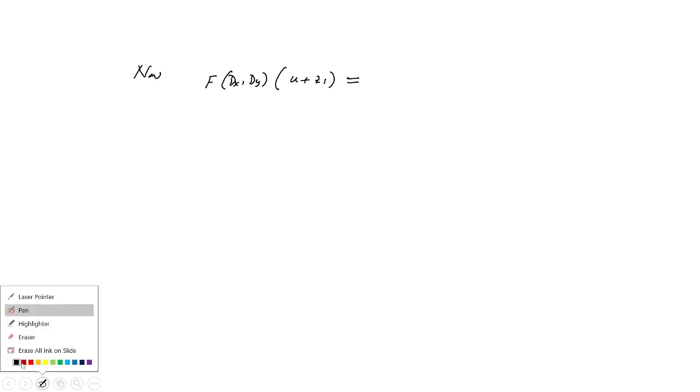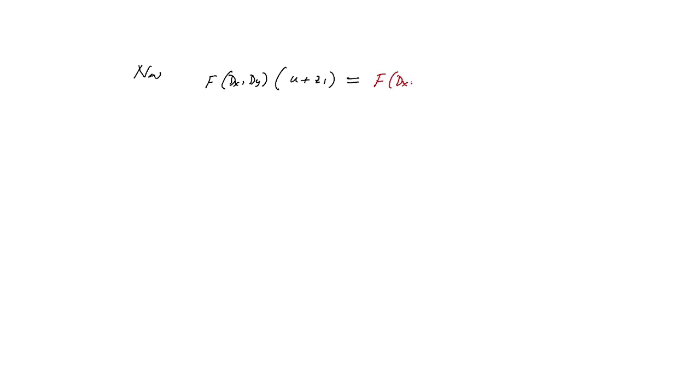Now what to start? Now f(Dx, Dy) of u plus z1, so that we can write it as f(Dx, Dy) u plus f(Dx, Dy) z1.